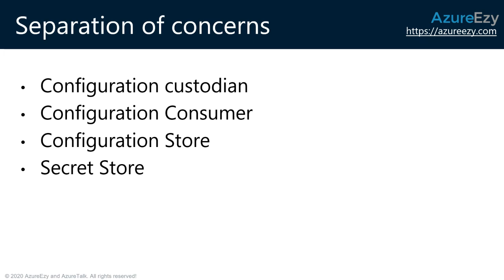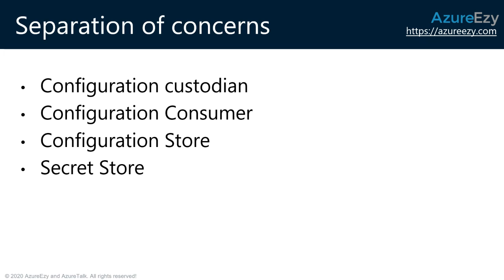When you are able to maintain that separation of concern, then only you will be able to confirm that the information available to the consumer can only be consumed, but they are not able to change that information, because they should not be. The configuration custodian is someone who is changing that information. Similarly, the configuration custodian should not be worried about how the application is using it, because they are just part of the configuration management team, and that's how it should be.